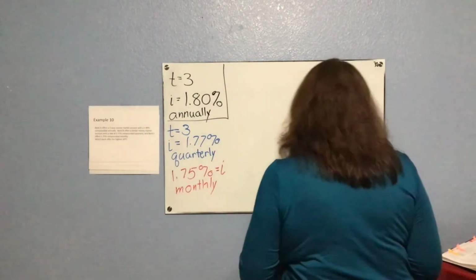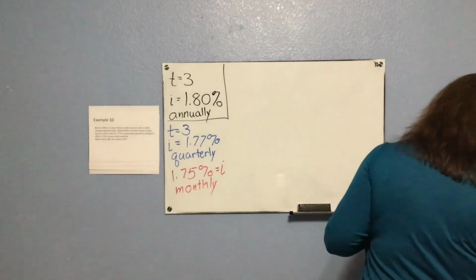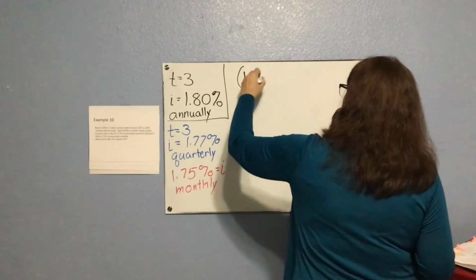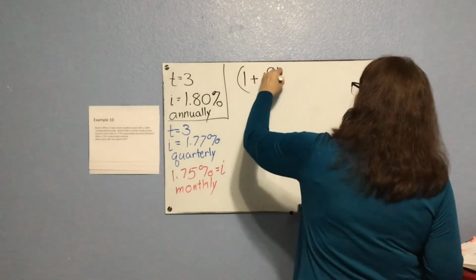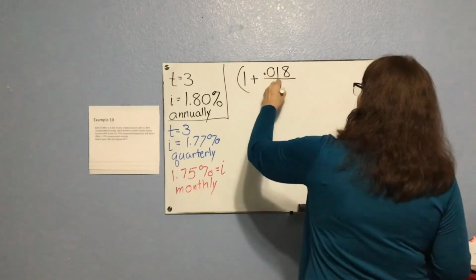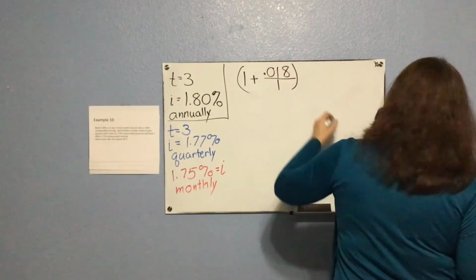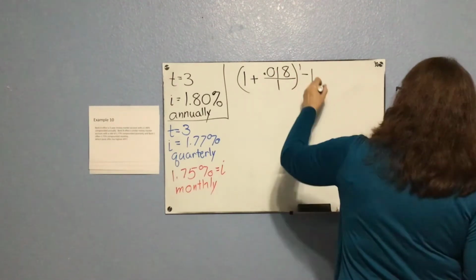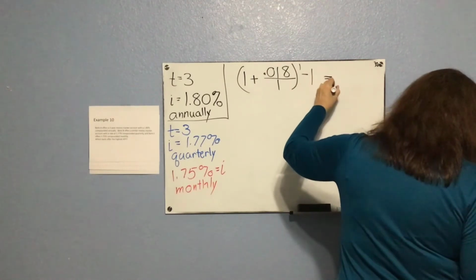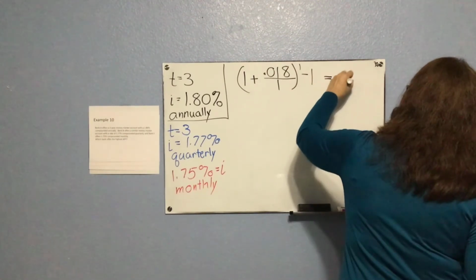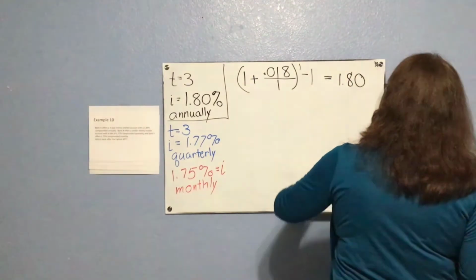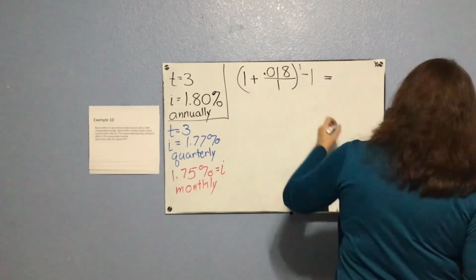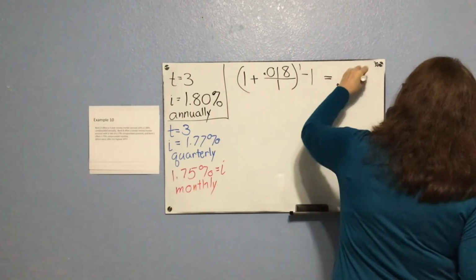So let's look at the first one here. I've got 1 plus 0.018 over 1 to the first power minus 1. And so this is going to equal 0.0180.